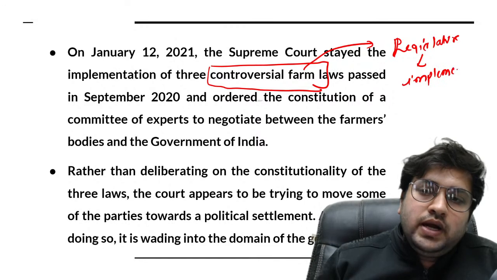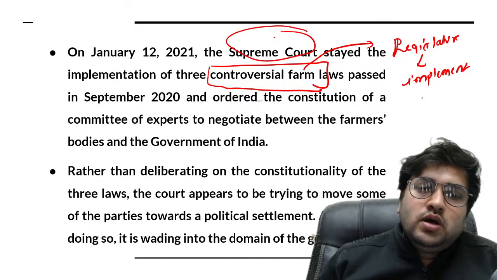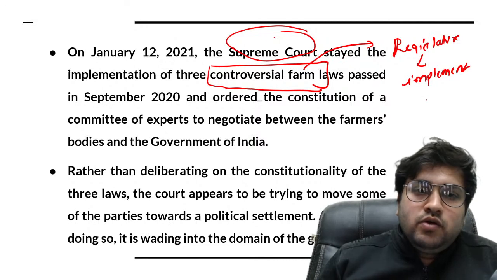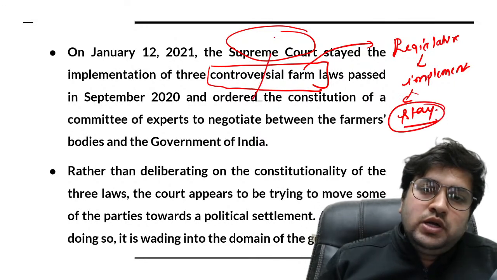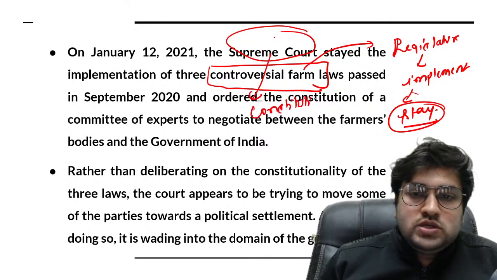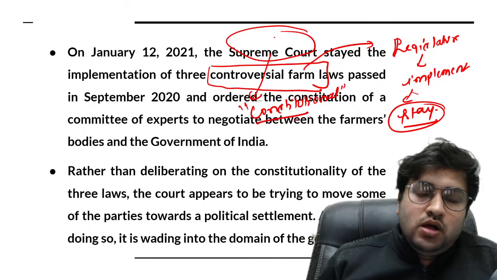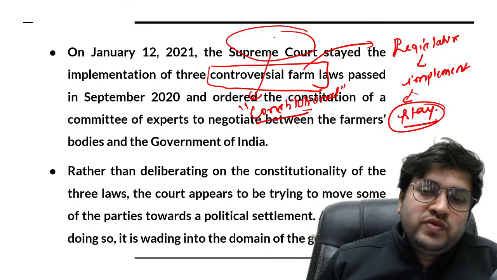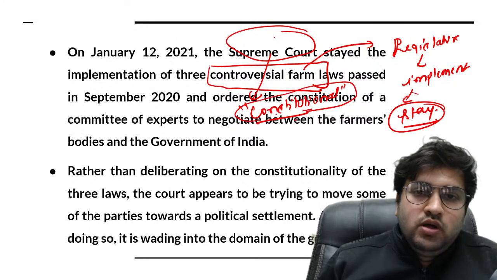The argument is made about whether the Supreme Court has the power to stay the implementation of these laws, or whether the responsibility of the Supreme Court was to check the constitutionality of these laws, whether they have been framed as per the constitutional basic structure, or the constitutional provisions were followed while formulating them.